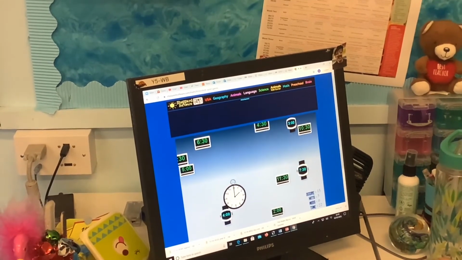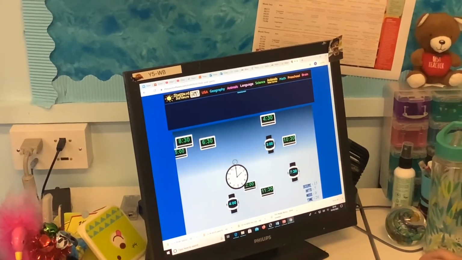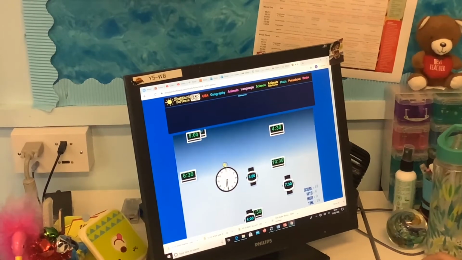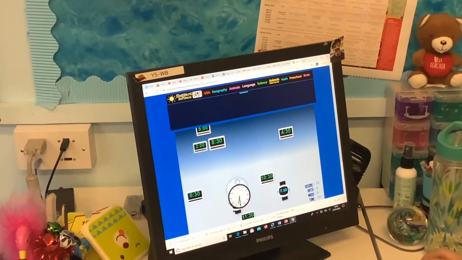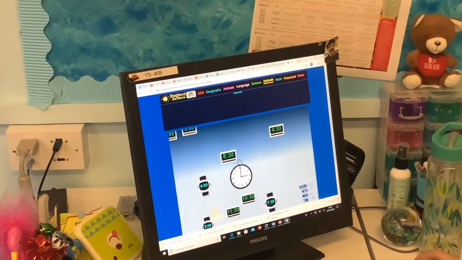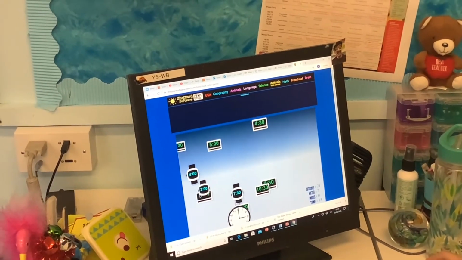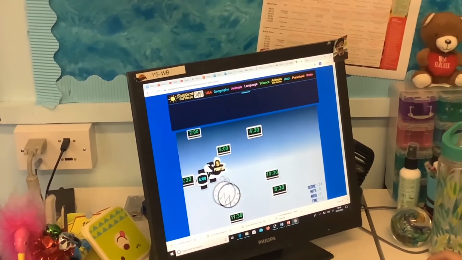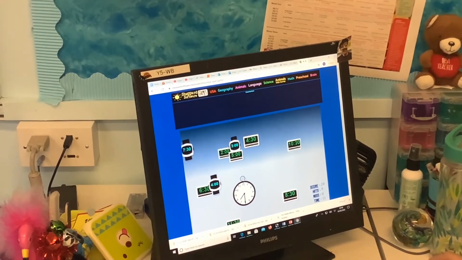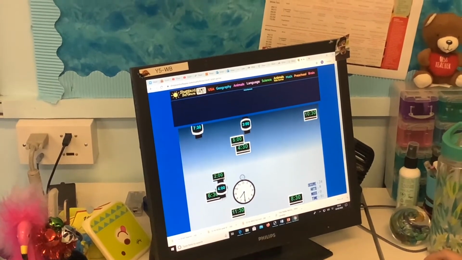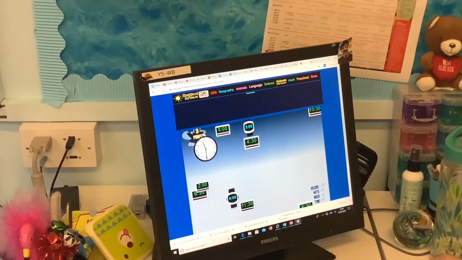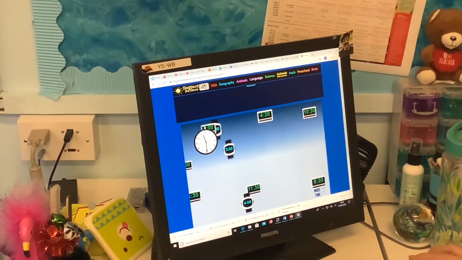So this would be a good game to practice going between analogue and digital time. So if this is the thing you think you're not too sure on, you could have a go at this. 3 o'clock. Oh, I just about got it. 7:30. So that's one game that you could play.